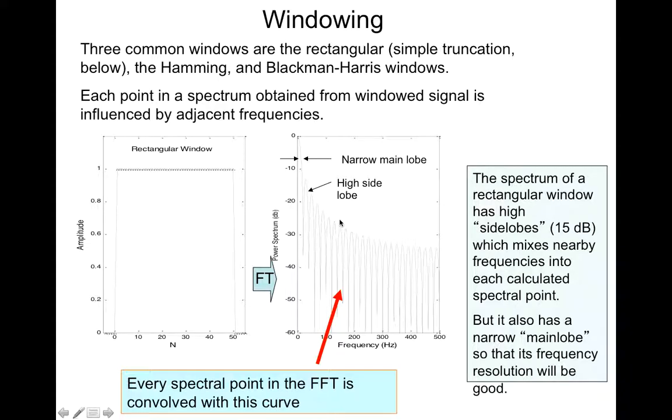What this means is that these frequency characteristics of the window are going to mix into the frequency characteristics of your signal. But since it has a really narrow main lobe, your resolution is going to be good. So using a rectangular window, you're going to have good resolution, but you're going to get characteristics of that window frequency spectrum mixed in with your signal spectrum.